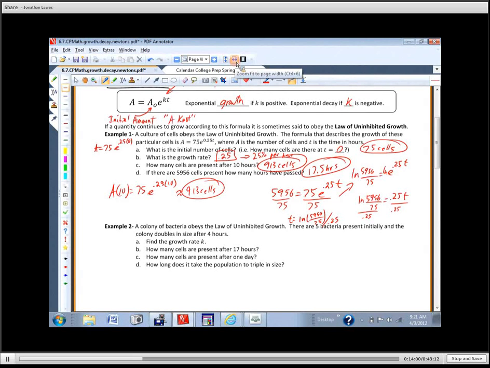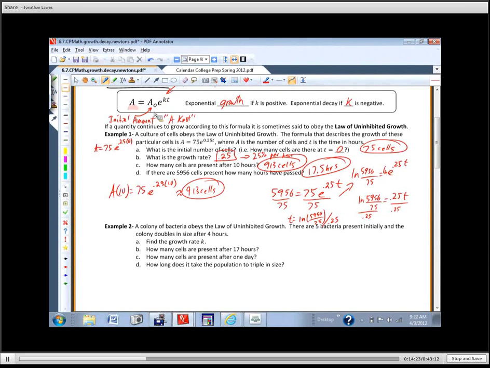Okay. All right, next problem, example 2. It has some things to do with example 1. Let's see if we can pick these up. Okay, it says a colony of bacteria obeys the law of uninhibited growth. So it obeys this law of exponential change, and the fact that it's growth means that K is positive. That's all that means.